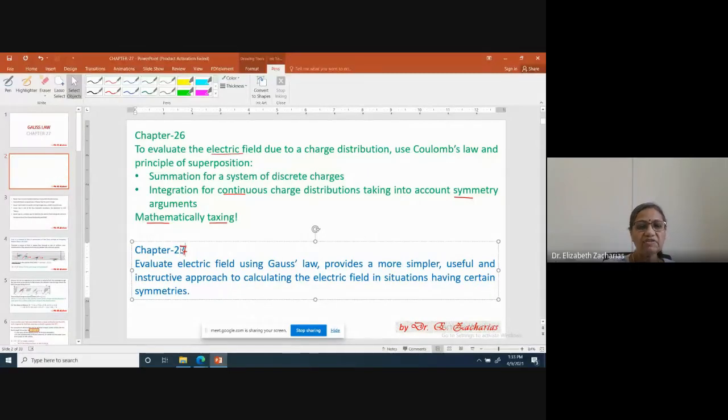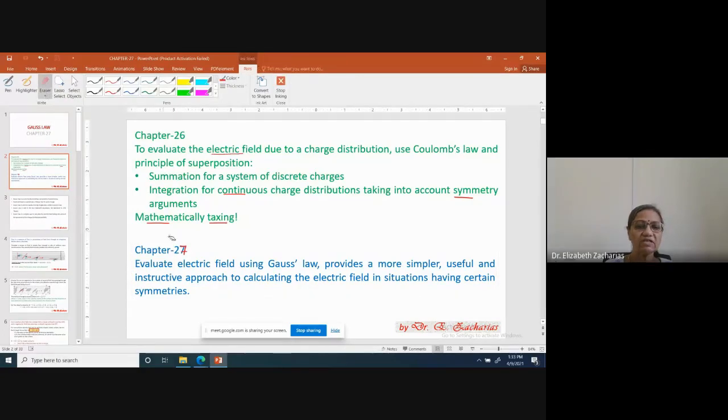In chapter number 27, we will once more find the electric field due to certain charge configurations, maybe discrete charges or continuous charge distribution, but then we evaluate the electric field using Gauss's law. Gauss law is more simple to use, mathematically also simple, and this concept of Gauss law is going to be useful.